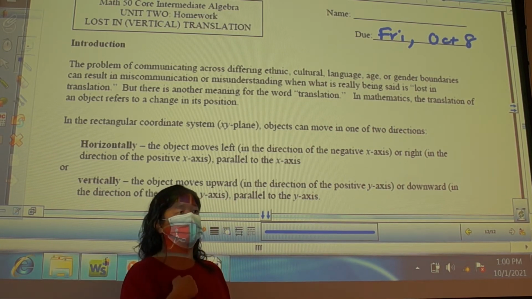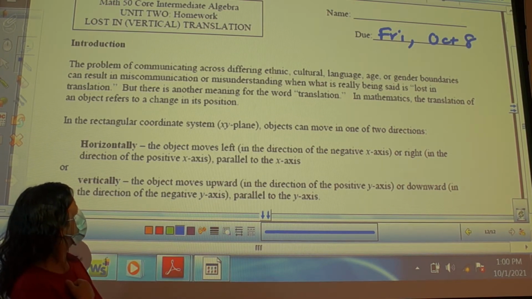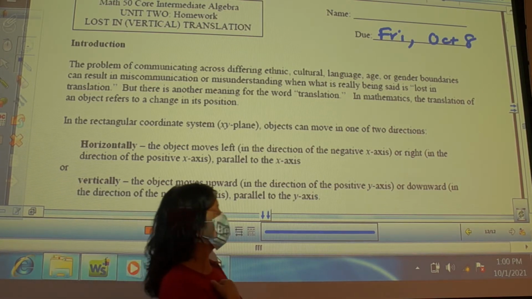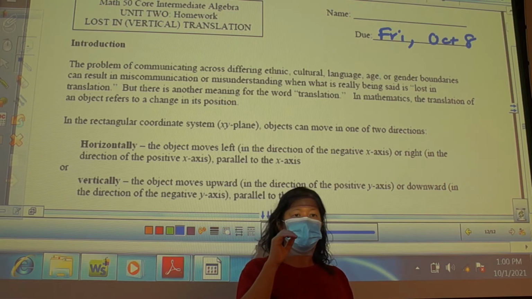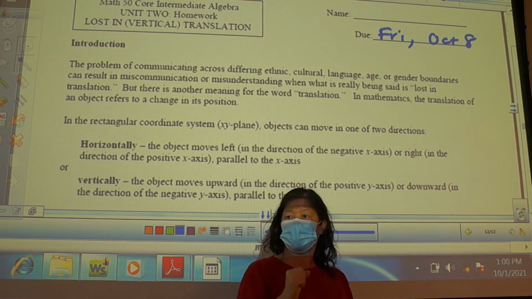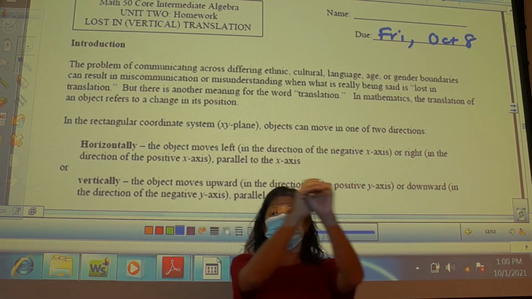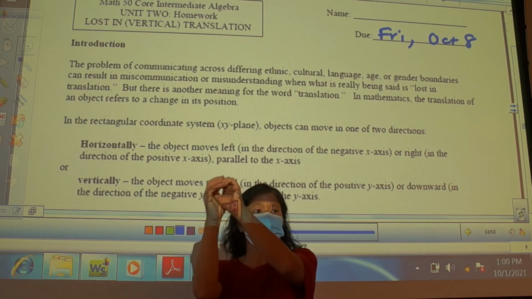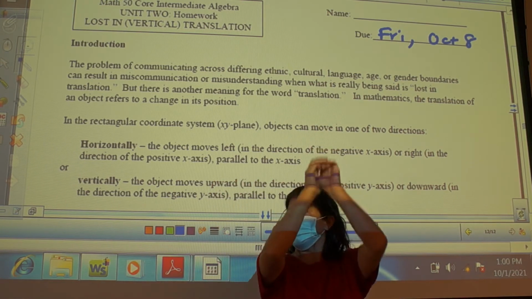Vertically, the object moves upward in the direction of the positive y-axis, or downward in the direction of the negative y-axis, parallel to the y-axis. So that means it goes either this way, up, or it goes down. So a point is somewhere on the axis, and it can go left or right. That's horizontal translation, or it can go up and down. That's vertical translation. Good?